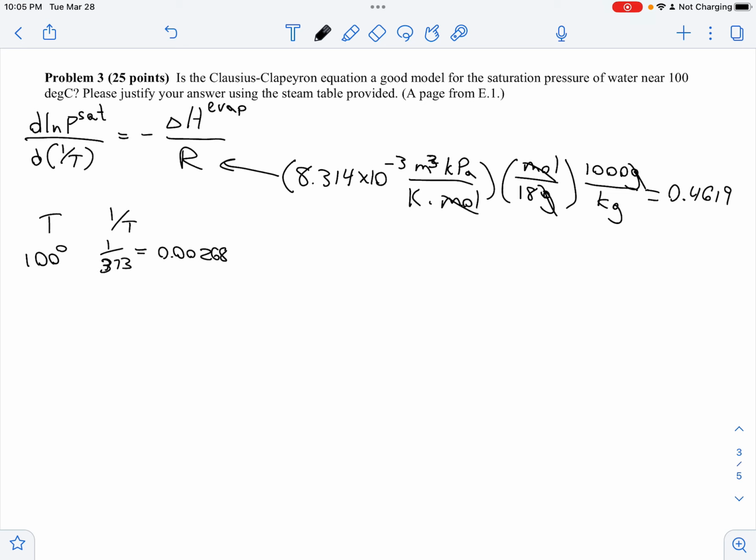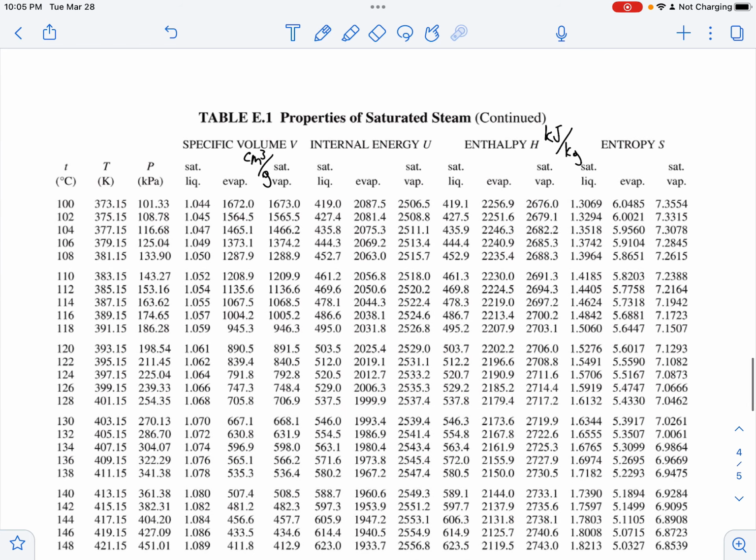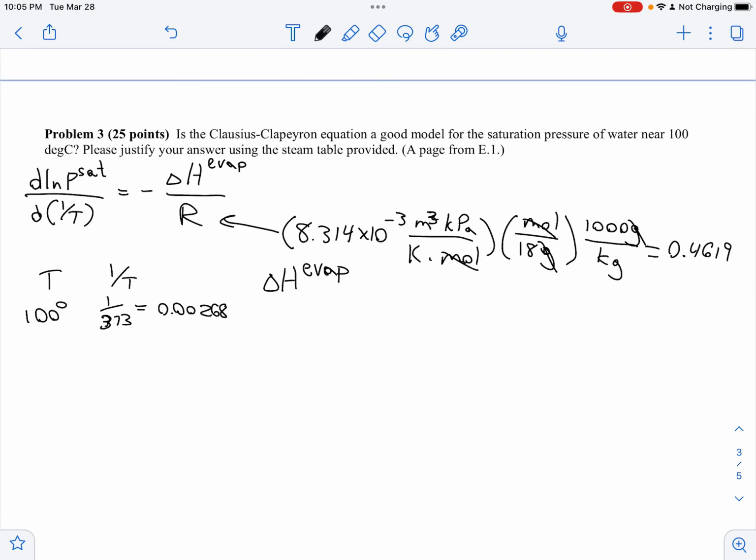By the way, you often have to carry a lot of digits to get accurate answers, and I wouldn't worry too much about that. It's similar to units. As long as you show us the right procedure, we're not going to grade you too harshly if your numbers are not very accurate. So the delta H of evaporation from the table is 2256.9 kilojoules per kilogram.